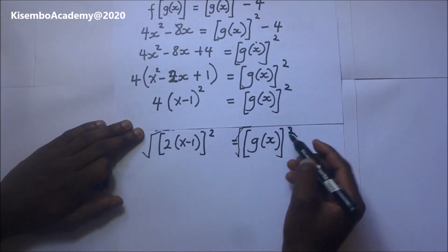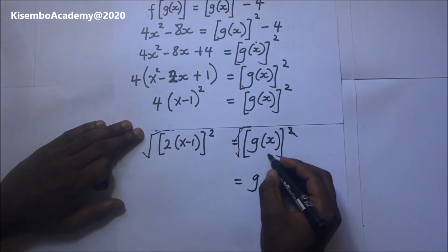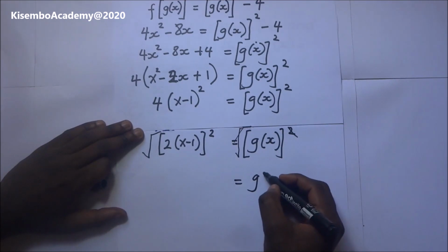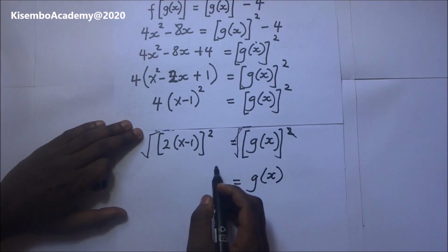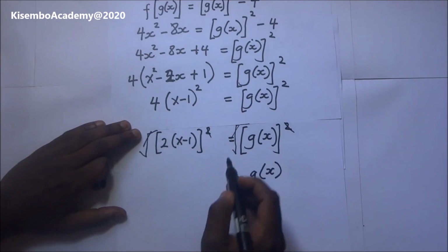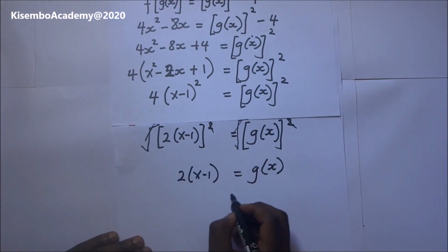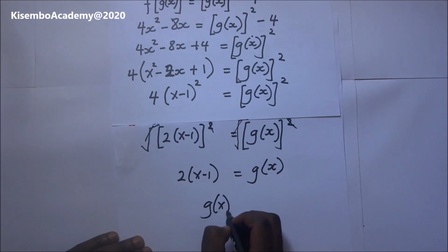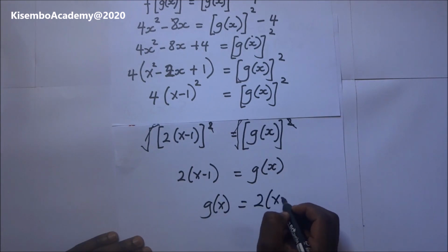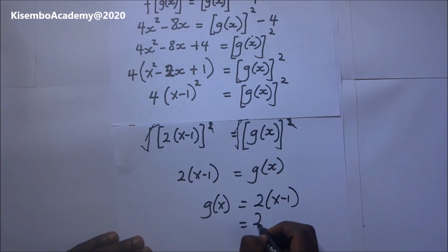The square root sign cancels with that square. We remain with 2 into x minus 1, and this means that g of x is equal to 2 into x minus 1, which is the same as 2x minus 2.